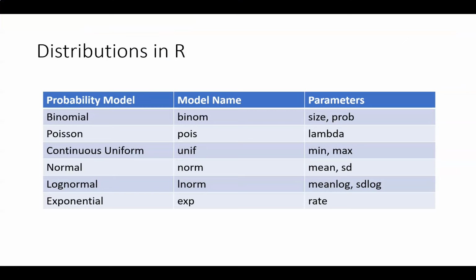There it is. So for whatever probability model we want to use, this tells us what model name we need to put in. And it also tells us what parameters need to be specified in order to do the calculations in R. So this is a good table to keep handy while you're working through this material so that you can quickly refer to what you need to put in for each model.